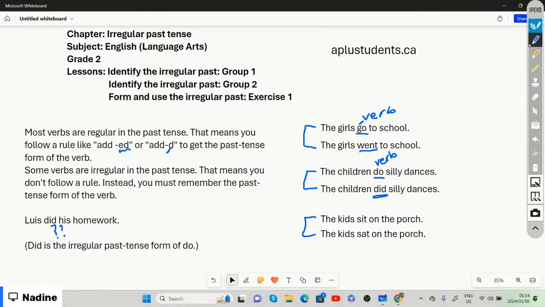But in the past, we say the children did silly dances. Did shows something that happened already in the past. And as you can see, the wording has changed, or the spelling has changed of that word. And that is why we say that we do not follow any rules when it comes to irregular past tense. We just have to remember the past tense form.